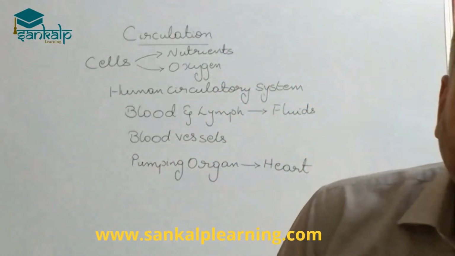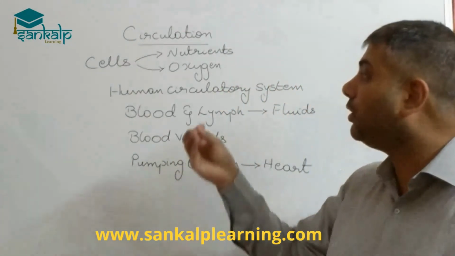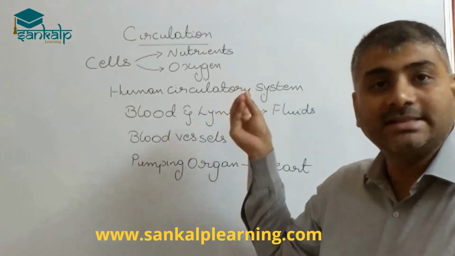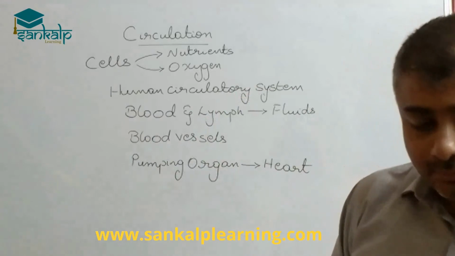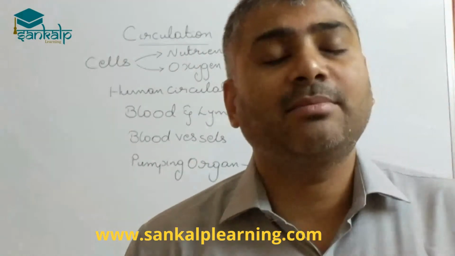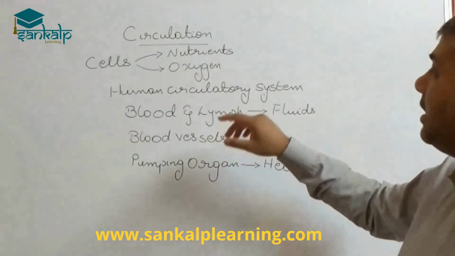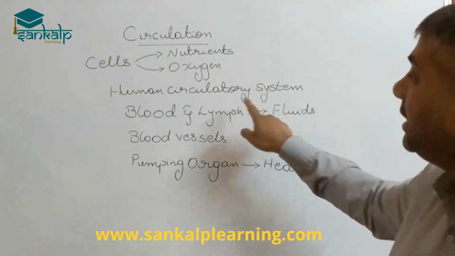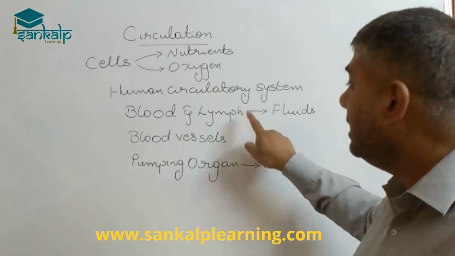So this is the basic information about the human circulatory system. First, we need to understand the fluids, that is blood and lymph.